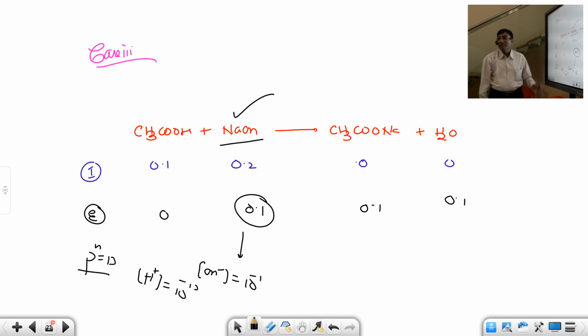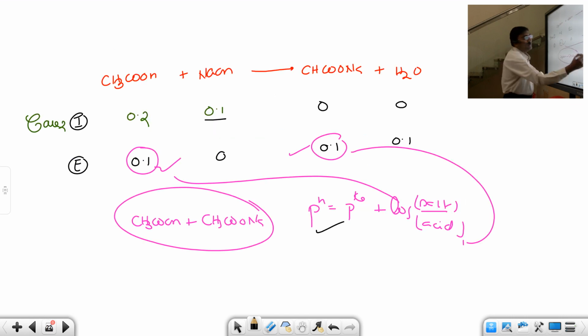I hope you understood. In the earlier case, you get pH from the buffer, and in the case before that, from salt hydrolysis. This is how ionic equilibrium should be understood. It is a very powerful explanation, where in one shot you can realize the salt hydrolysis concept, the buffer concept, and the pH values.